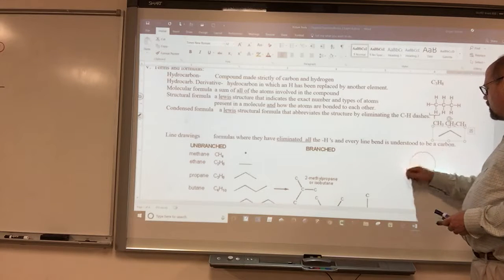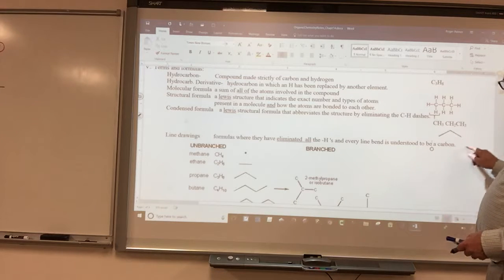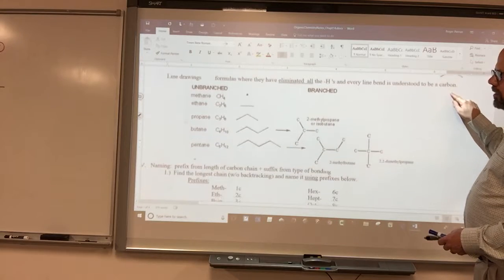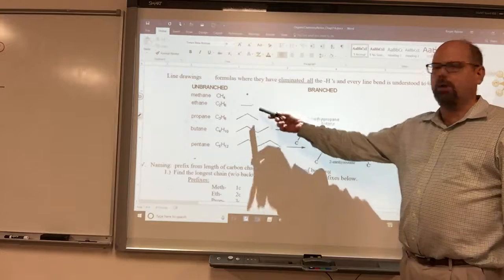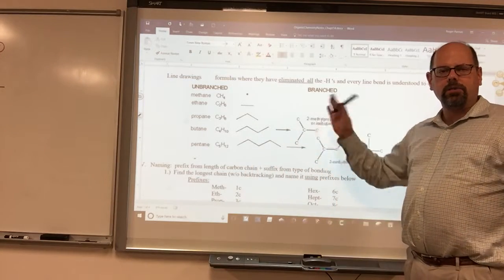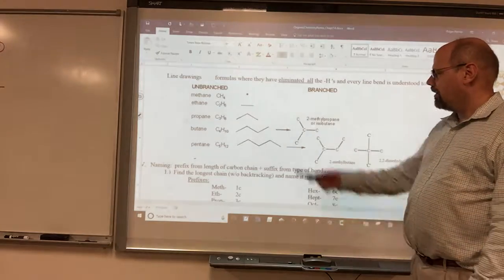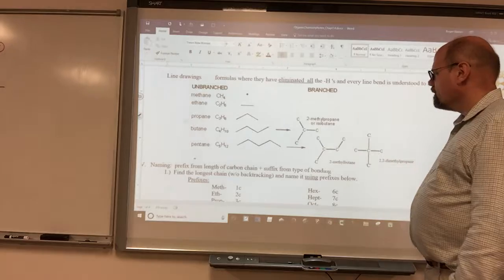Every bend in there is a carbon, and that's important to remember because you'll see a few where you'll practice that kind of method, and that's called line drawings. Line drawings are used almost exclusively in organic chemistry when we're talking about medicine to show bigger molecules, because they get all those hydrogens out of the way. They're important placeholders, but this is really what's causing all the action. It's the backbone from which all the rest is hung.